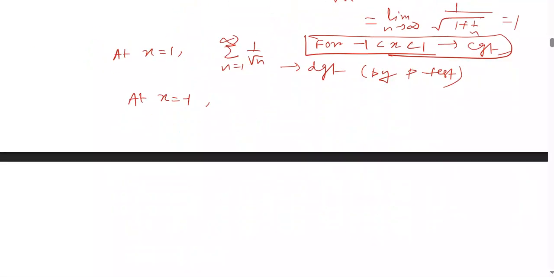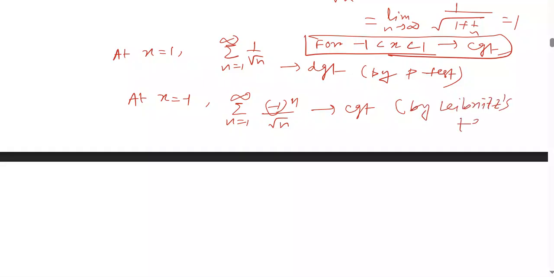For x equal to -1, sum -1 power n by root n convergent by Leibniz test. Okay, from here it is convergent on [-1, 1). Fine, this one for first one.